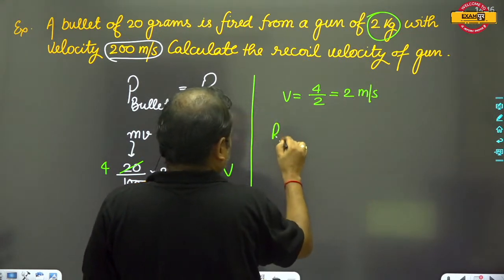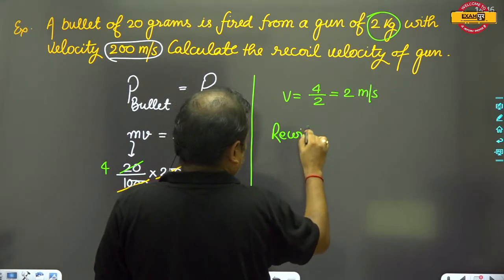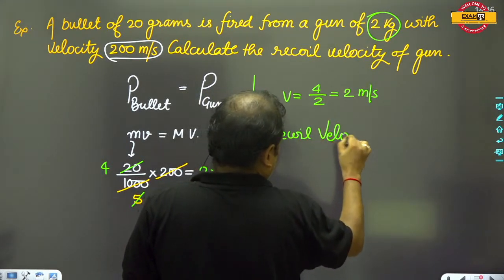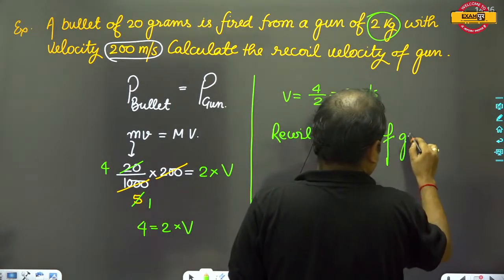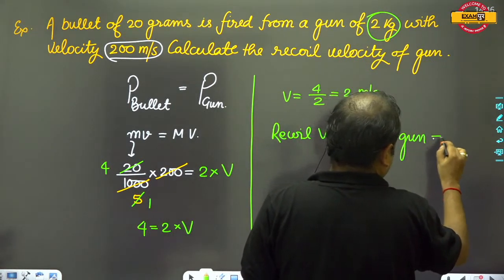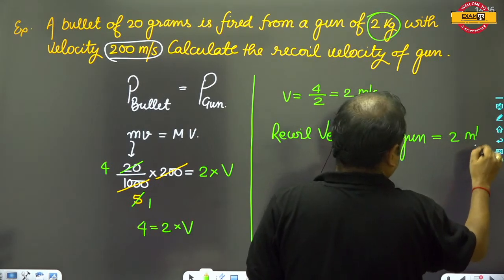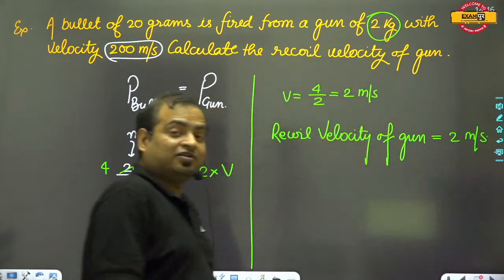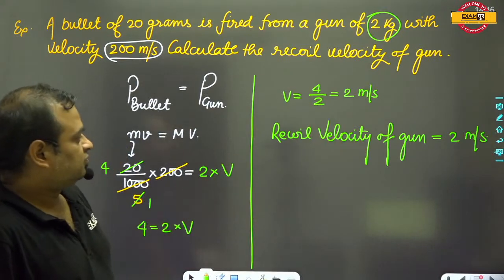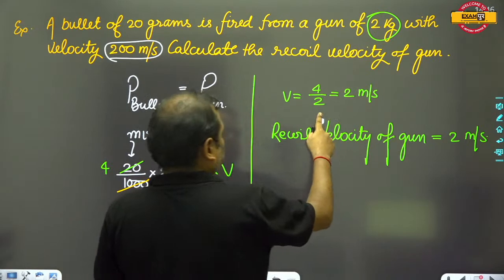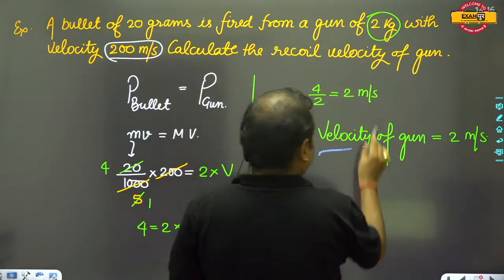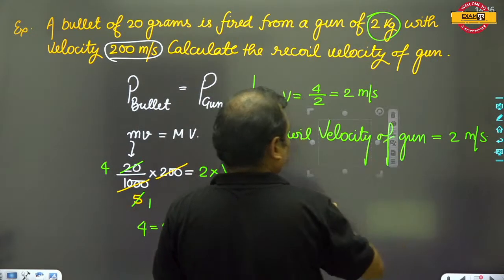It means the recoil velocity of the gun will be equal to 2 meters per second. It means the gun will come back with 2 meters per second.